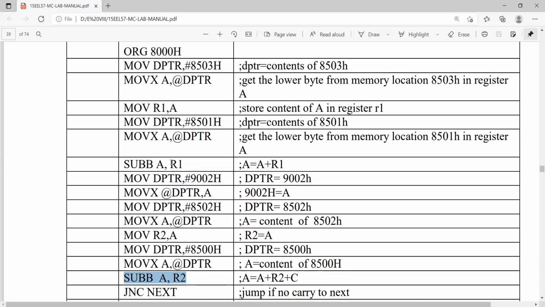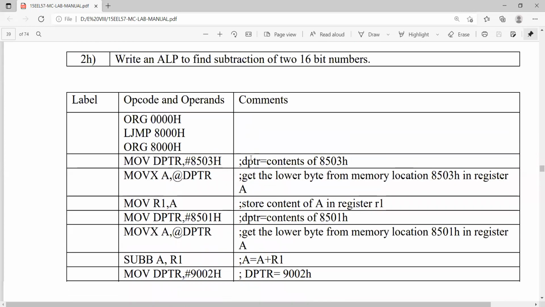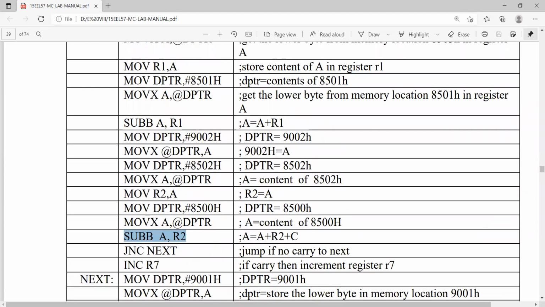Subtraction is nothing but addition using the 2's complement method, so R1 must be converted into 2's complement format. After that process is over, the difference is in the accumulator. That accumulator content you can store in a new memory, 9002. So the lower byte of the result is moved to 9002.